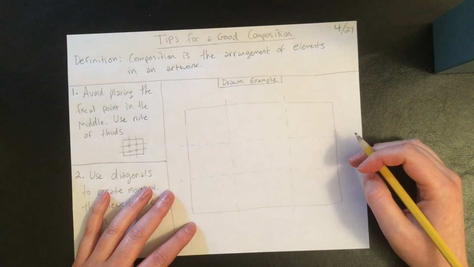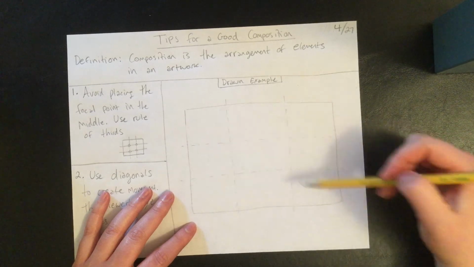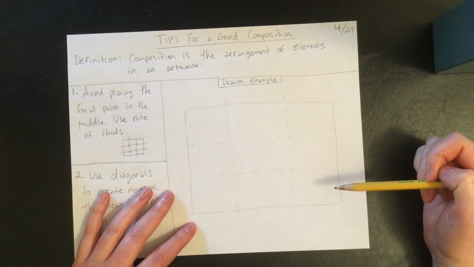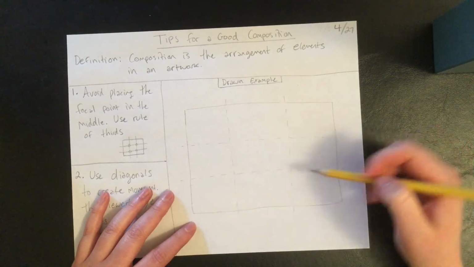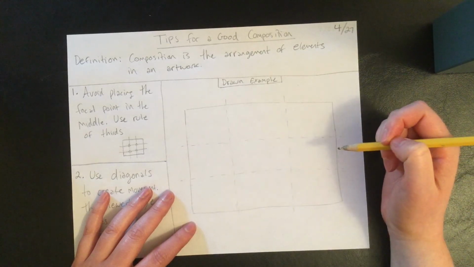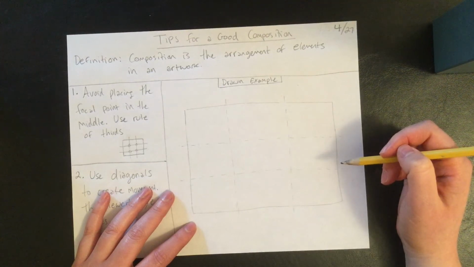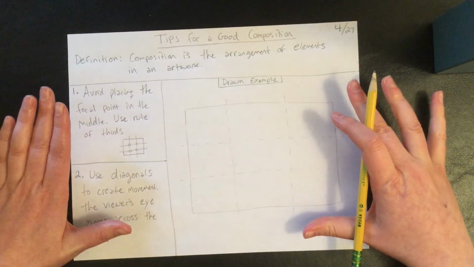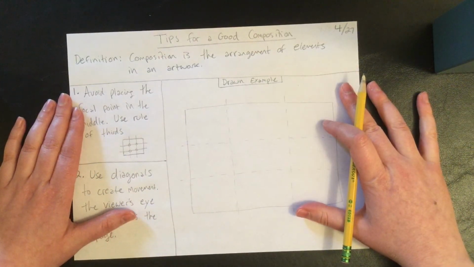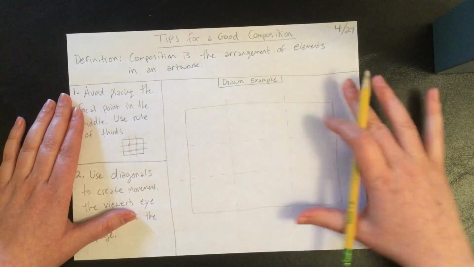Make sure you've got a focal point, and it's using rule of thirds, and also some diagonals, so diagonal shapes, diagonal lines, things placed in a diagonal way. Have fun with it. You can draw whatever you want, but just make sure that you've got your tips for good composition that you're using.